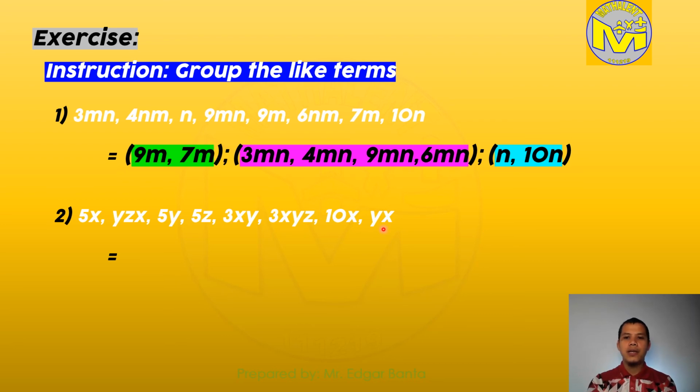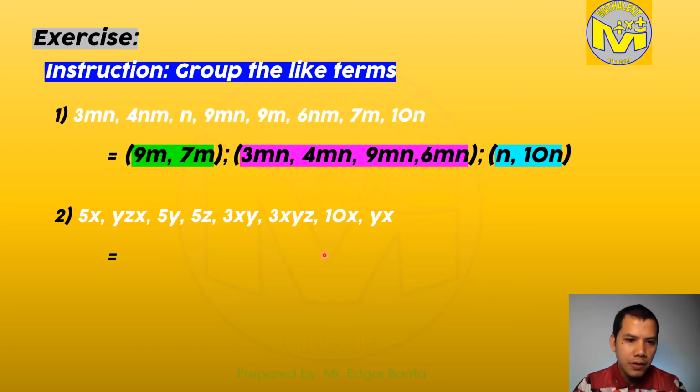Group of XY or XYZ? It is group XY first. So XY first, we have 3XY and YX or XY. So write down inside the bracket we have just 2, 3XY and YX.